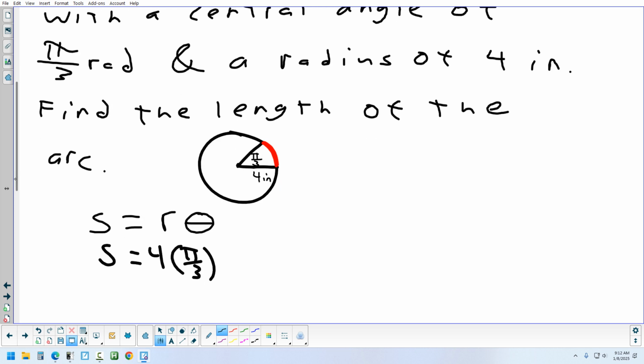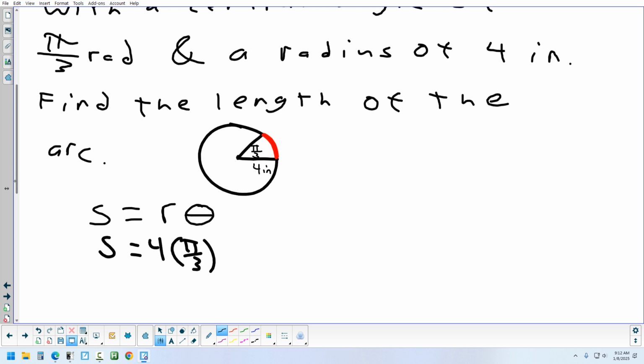Okay, so we're going to multiply. If it messes you up because the 4 is not a fraction, well, you just make it a fraction. Multiply straight across. So when we multiply in the top, 4 times pi, we just leave that as 4 pi, we don't round it. And what do you get when you multiply what's in the bottom? 3.